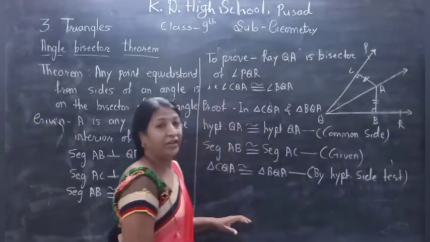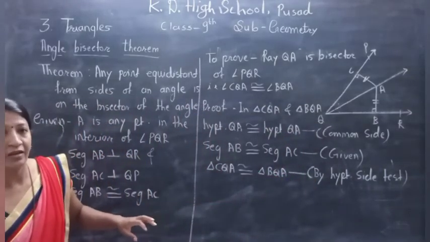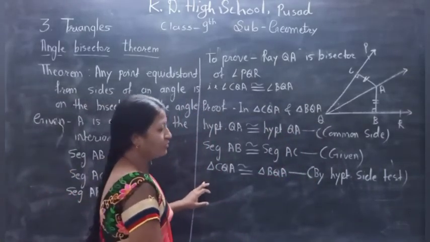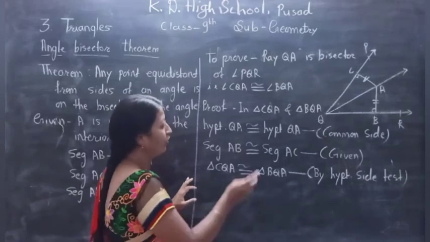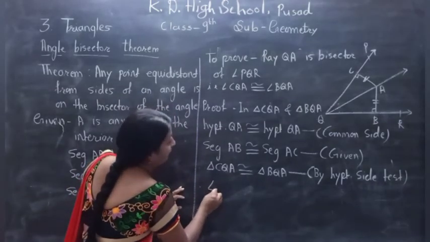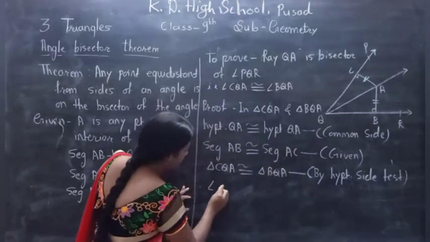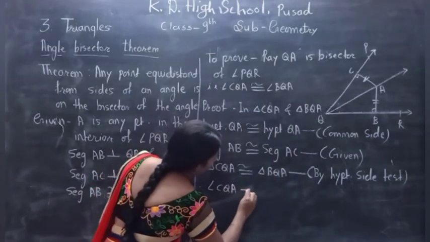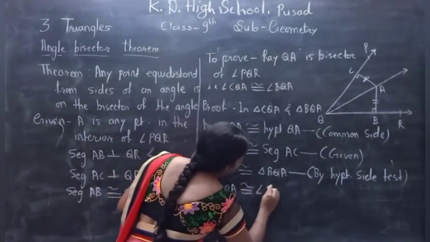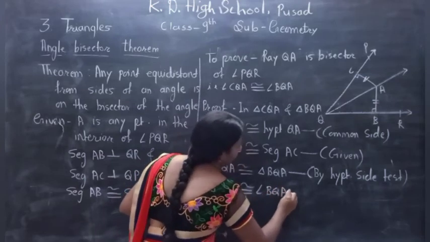And if two triangles are congruent, their corresponding angles are also congruent. Their sides are also congruent. Therefore, angle CQA congruent to angle BQA.